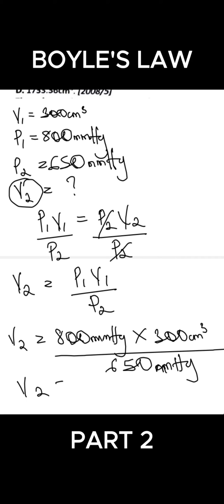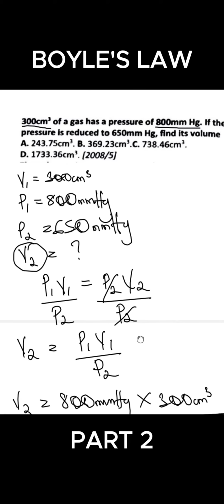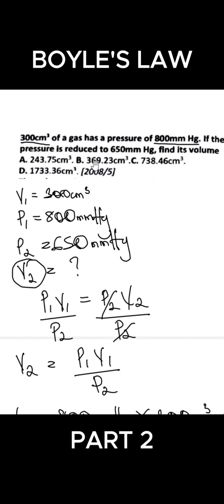When you work it out, the answer you have is 369 cm cube, if you abbreviate. Let's check the answer, which is 369.23. I approximated to 3 significant figures. So this one becomes the answer. Simple as ABCD. Let's go over to the next question.